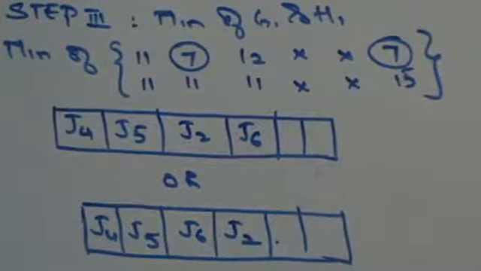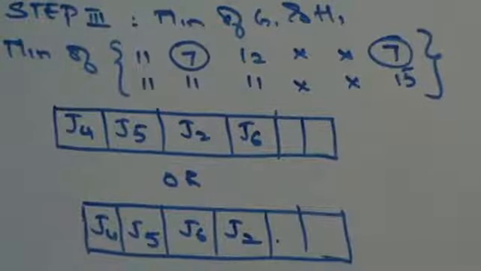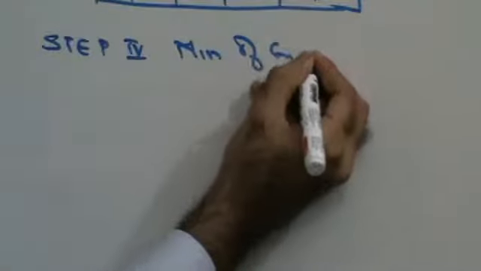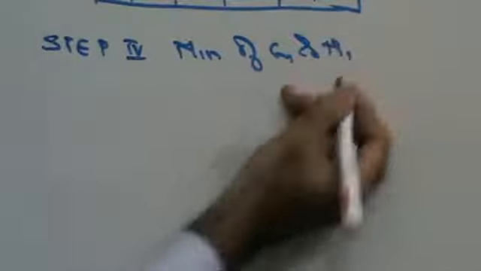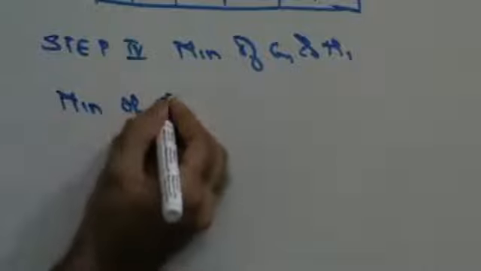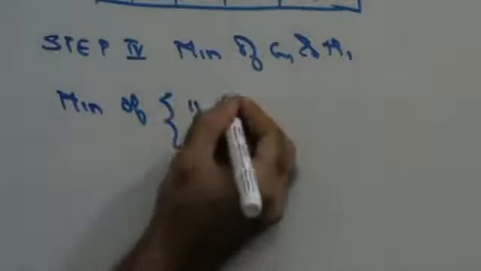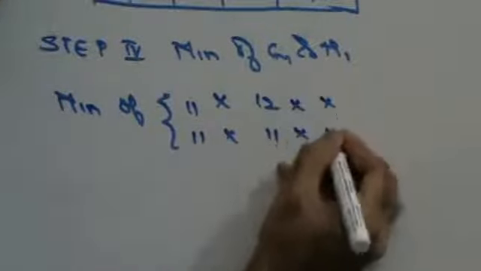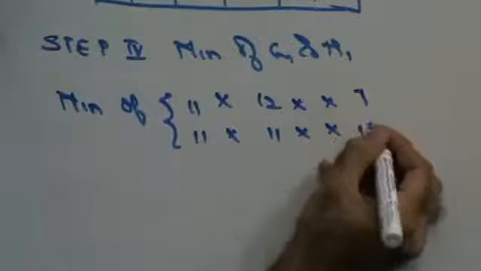So in that case, you will have now step 4, min of G1 and H1, right? In that case, you will have min of 11, 11, this is gone, 12, 11, this is gone, 7, 15.